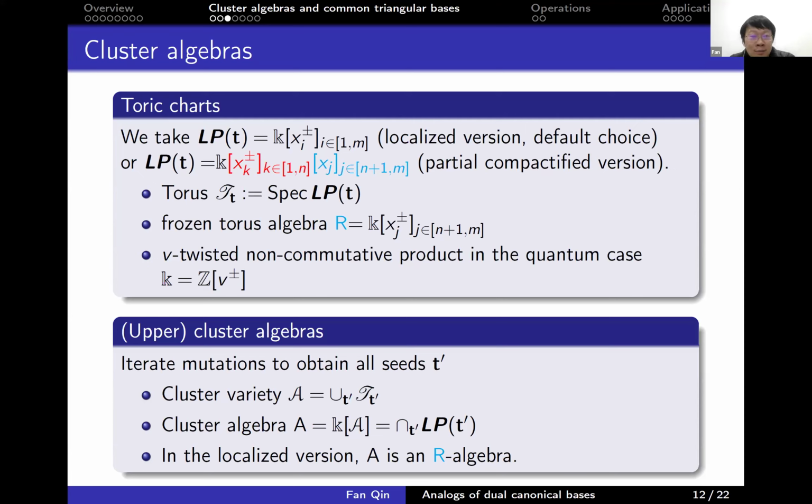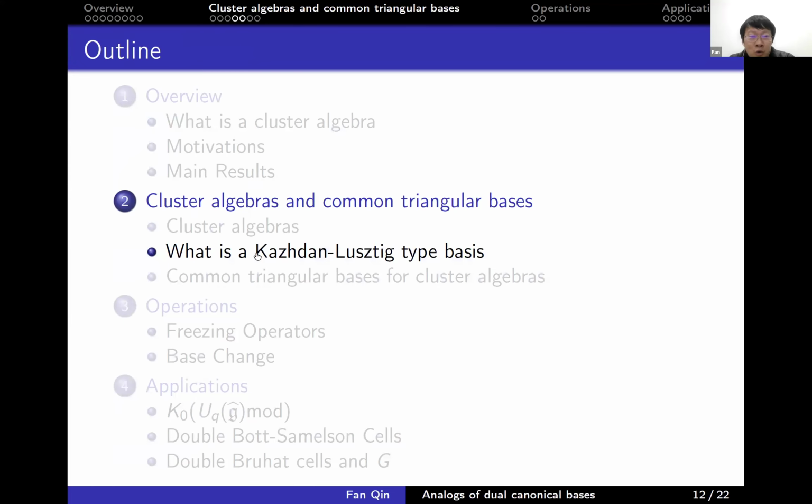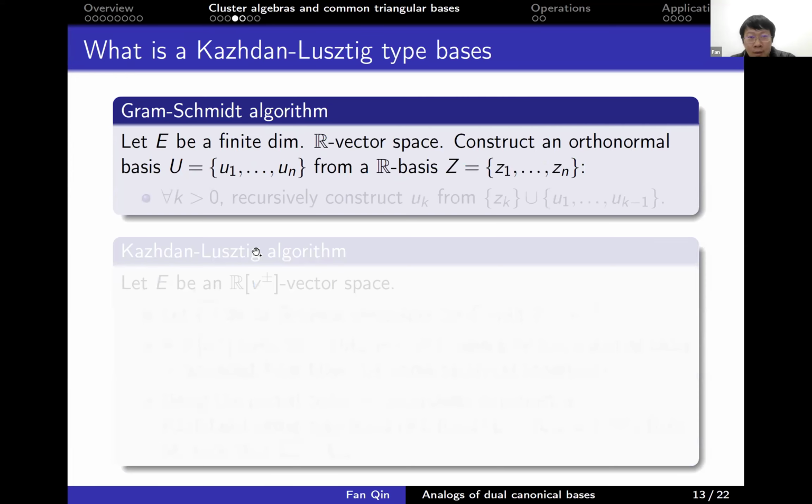All right, and now let us proceed to basis. Right. So we first recall what is a Kazhdan-Lusztig type basis. So these are some very special bases. Recall that we have something called the Gram-Schmidt algorithm in linear algebra. Say that we have a finite-dimensional real vector space, and we have a basis Z, which is not very nice, and we want to construct an orthonormal basis from the given basis, right?